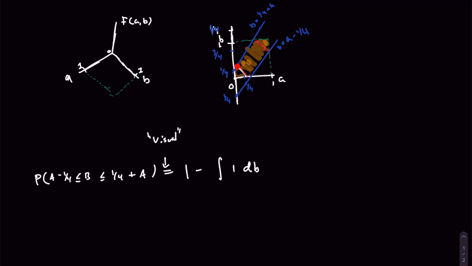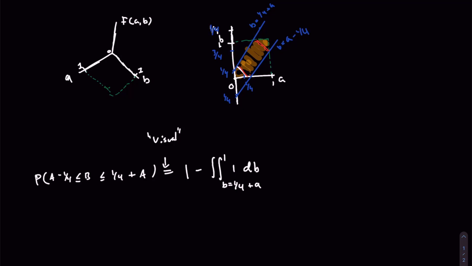But the lower limit is this function here. So this goes from 1 down to b equals 1/4 plus a.